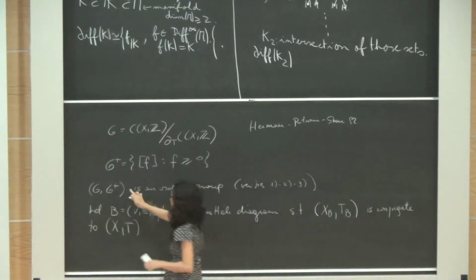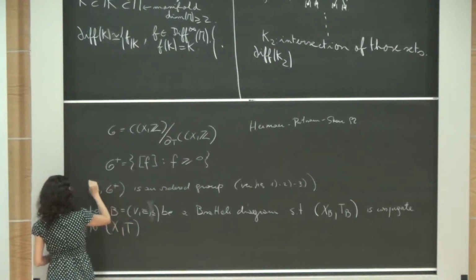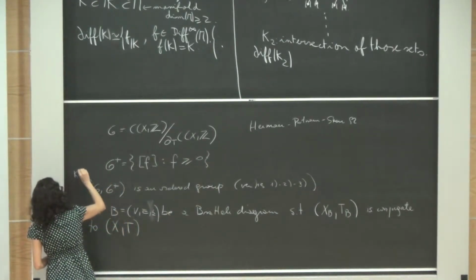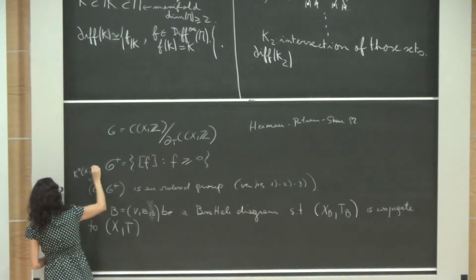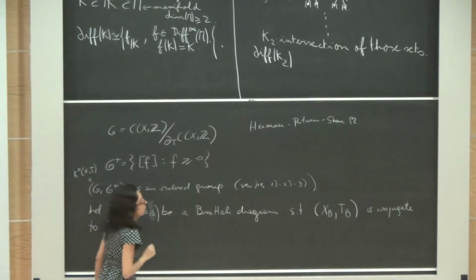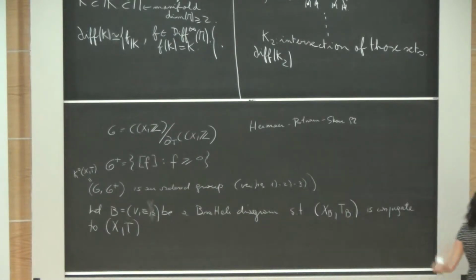This group is called, using the same terminology, K0(X,T). So the theorem says that K0(X,T) is isomorphic to the K0 group, the dimension group given by the Bratteli diagram.